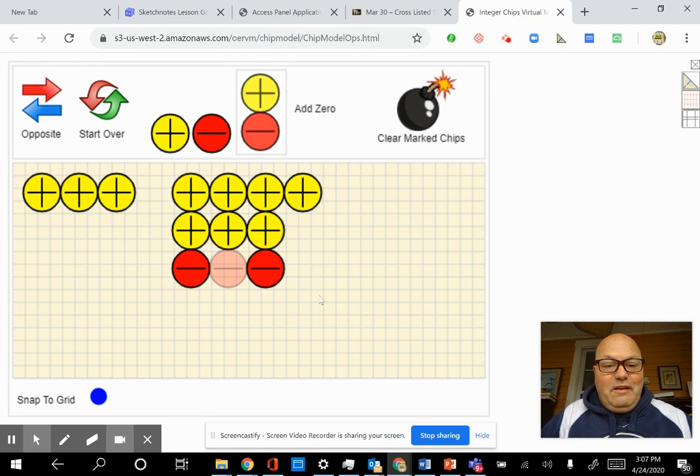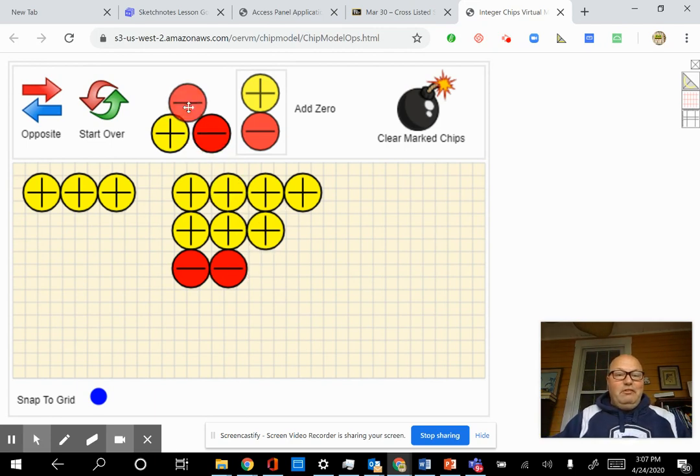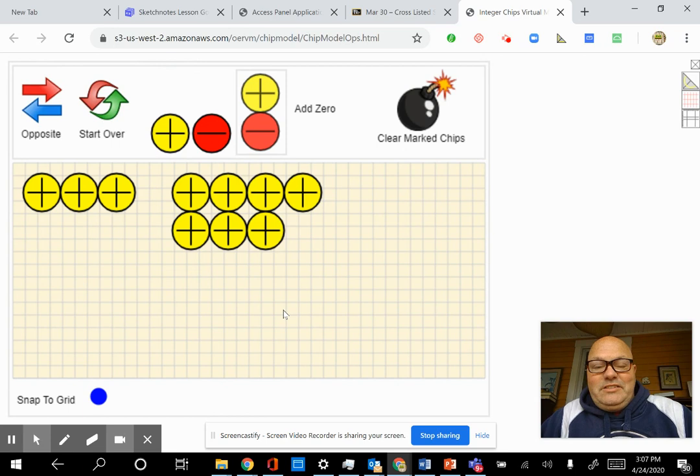Okay, and now we have 3 negatives that we could take away right here. So let's take away 1 negative, 2 negatives, and 3 negatives. So 7 minus negative 3 equals 1, 2, 3, 4, 5, 6, 7, 8, 9, 10. 7 minus negative 3 is 10.